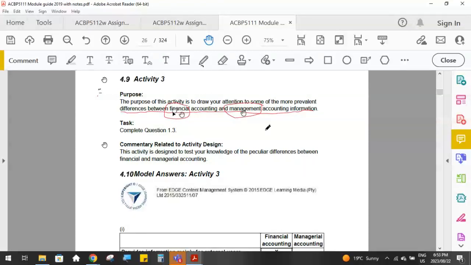Management accounting is taking those records and financial statements and using them to produce useful information for management to make decisions about the future of the company. So financial accounting involves recording past transactions that have already taken place, and management accounting is all about making plans for the future of the company.